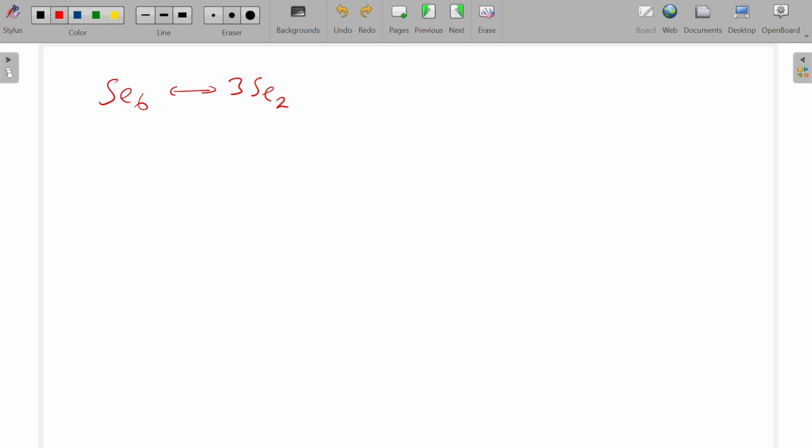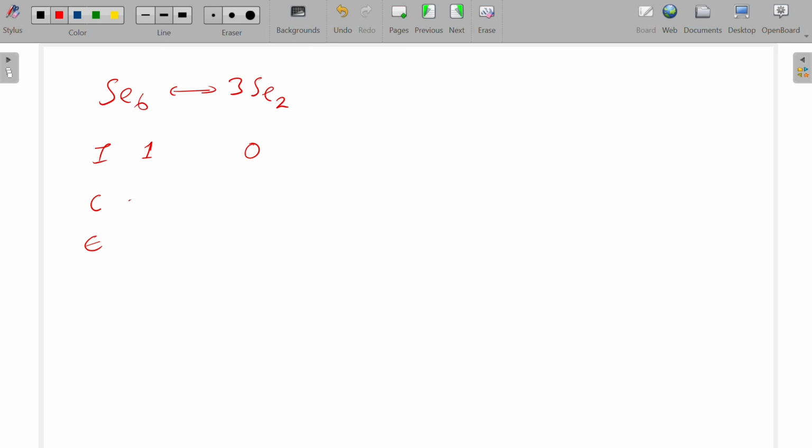Now let's look at how we can find the Kp. To find the Kp, we'll need a new ICE table. So let's quickly have our new ICE table here. We are going to make an assumption on this ICE table to say initially we have 1 molar concentration for S6, and we have nothing on the other side.